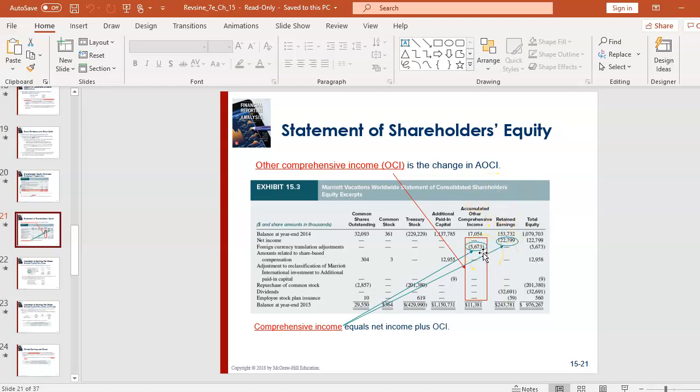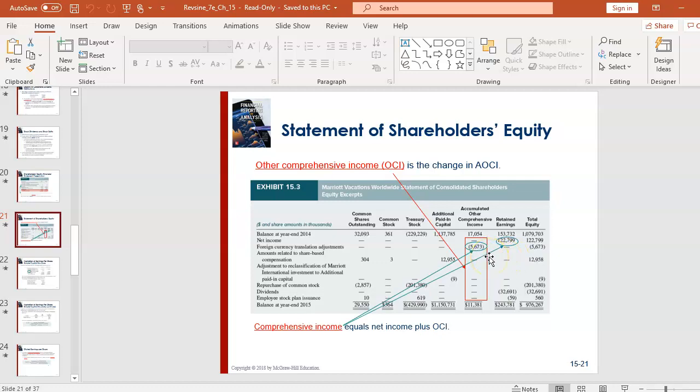These are things that affect equity that the company doesn't really control, probably the best way to say it. Net income, a company controls. A company's making decisions about revenues, about expenses, about product lines, all those kinds of things that directly impact net income.